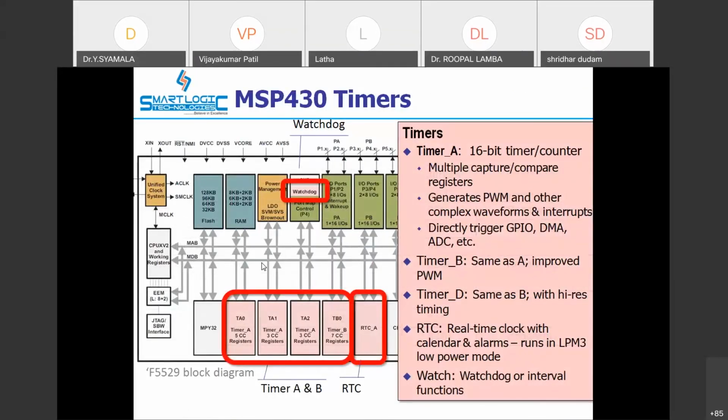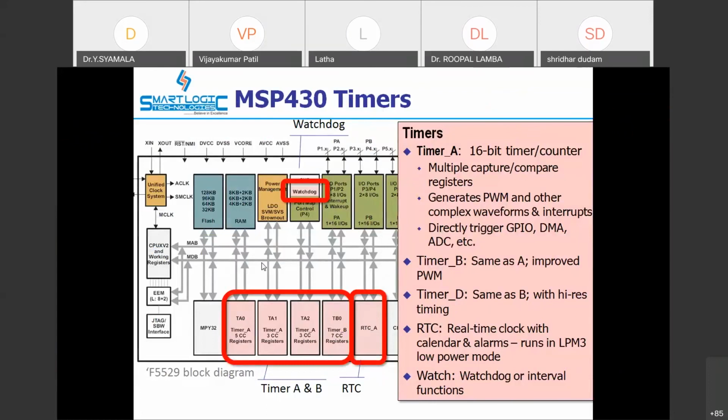Then the timer. There are a variety of timers. We can categorize them as timer A, timer B, timer D. Each has different facilities, but more or less all these timers are the same. When I'm talking about timer A, we call them timer A0, timer A1, timer A2, and if you go for timer B, then it may be timer B0, B1 like that.